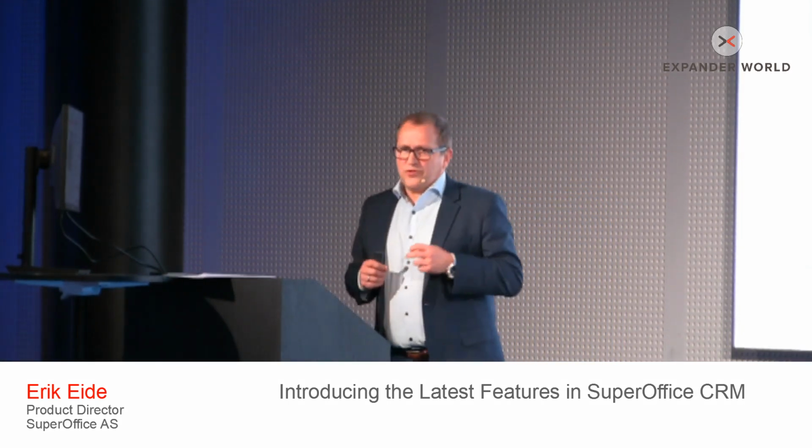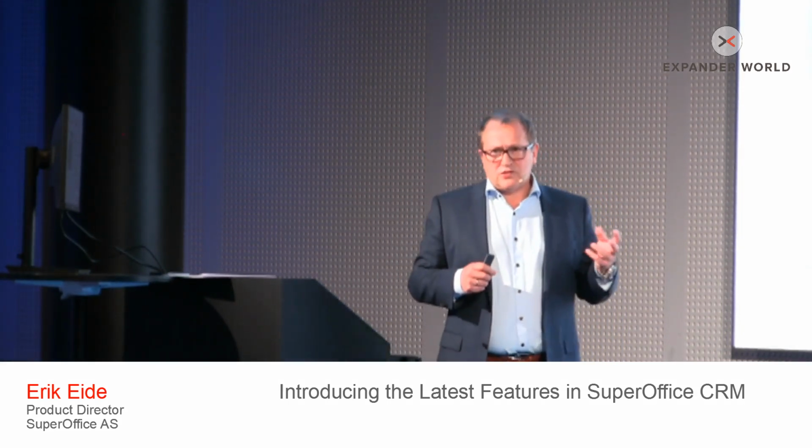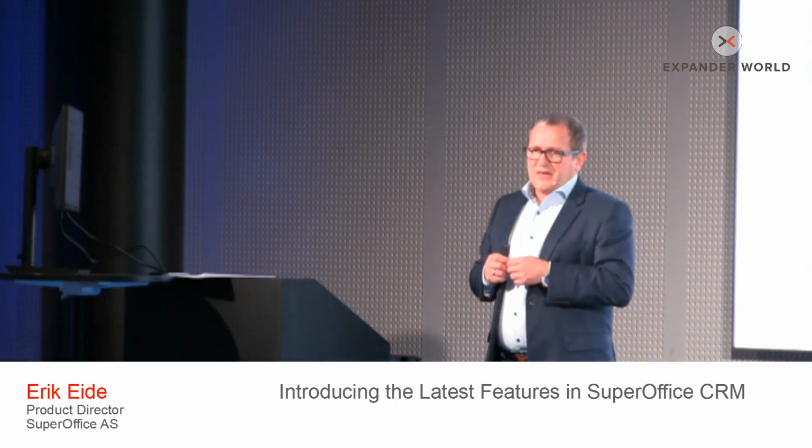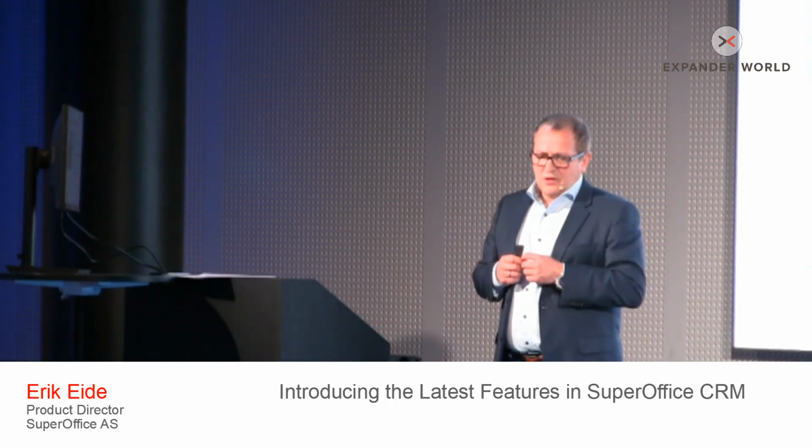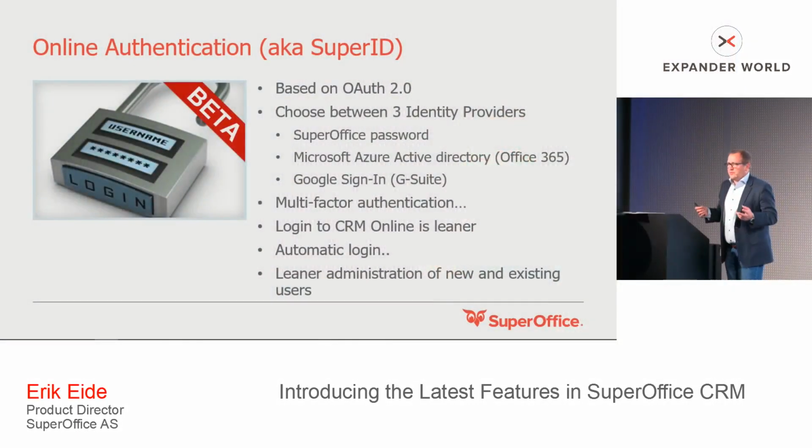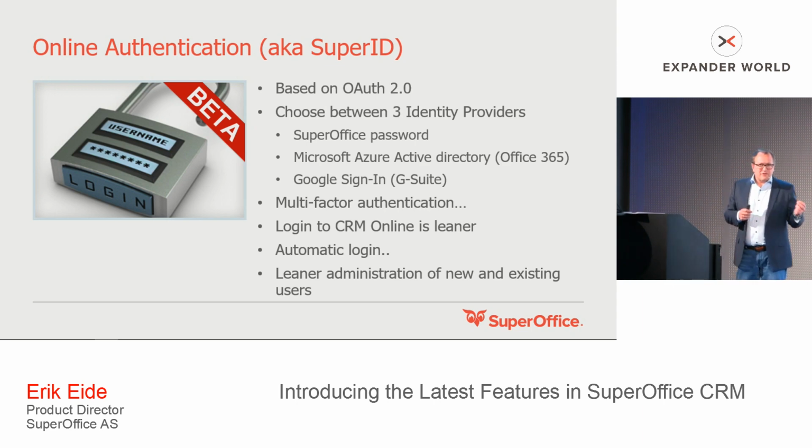It's a new authentication method for CRM Online to start with. It's based on OAuth 2.0. You can choose between 3 different identity providers: either SuperOffice username and password, as you know it, Microsoft Azure Active Directory as your authentication provider, or Google Sign-in, like G Suite.